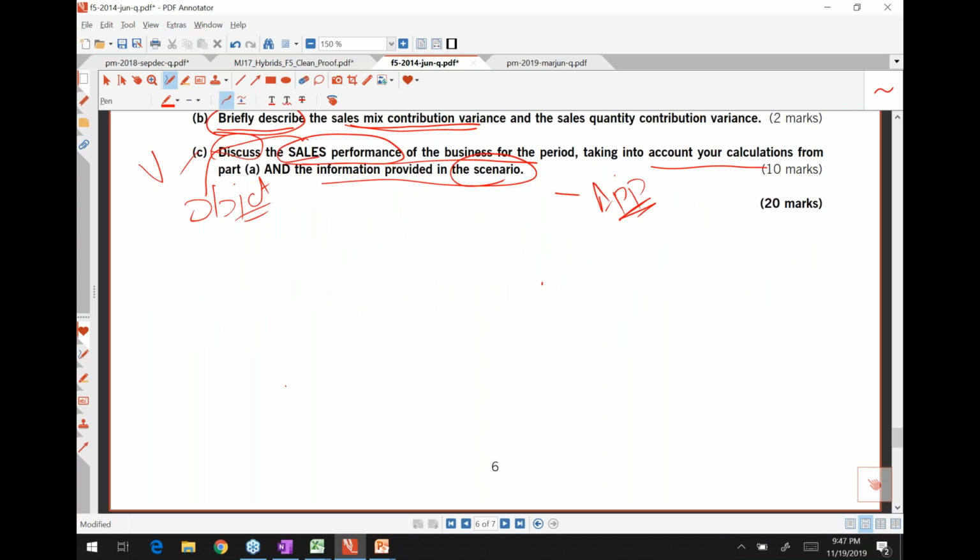This question is the traditional one that is examined a lot in the paper, where you are required to assess the performance of the managers. This is a very common question where you are required to assess the performance of the production manager, sales manager, purchase manager. So this question is different to the one that we did before.